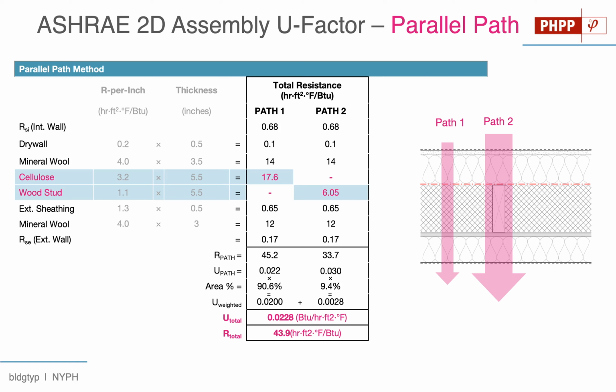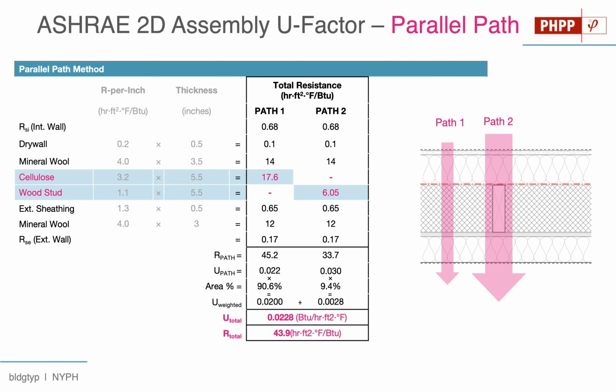That's pretty good. Well, except that sometimes, every once in a while, we have these wood studs that get in the way. So now we have a second characteristic heat flow pathway. And if we were to calculate the resistance of that second pathway, pathway number 2, you can see that we would come up with a total resistance value for that pathway of only 33 or 33.7.